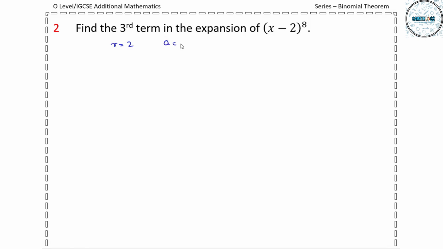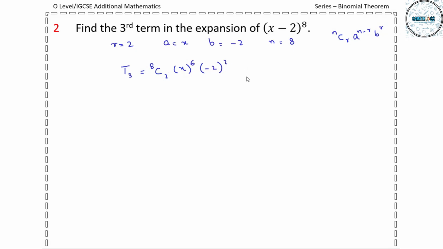a in this case is x, b is negative 2, and n is 8. So we can directly take out the third term by substituting these values in the formula nCr a^(n-r) b^r. So the third term is 8C2 x^6, which is 8 minus 2, times (-2)^2.